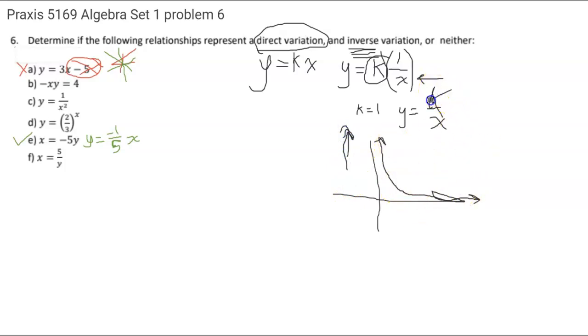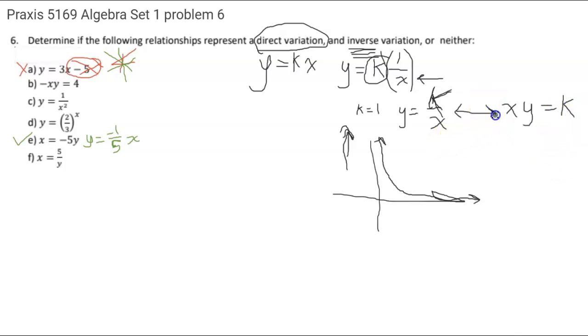So just look for that shape if you've got graphs. If you don't have a shape, just look for y equals k over x. And I would like you to notice that y equals k over x is the same as xy equals constant. I just cross multiplied, multiplying both sides by x to clear it out.